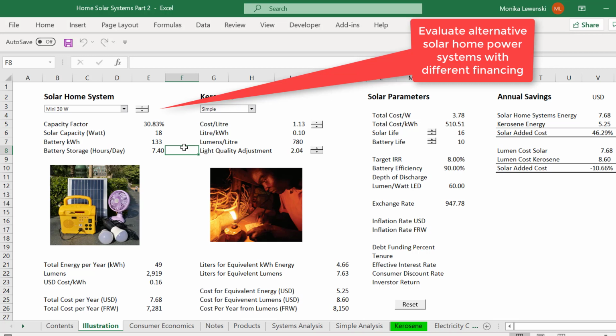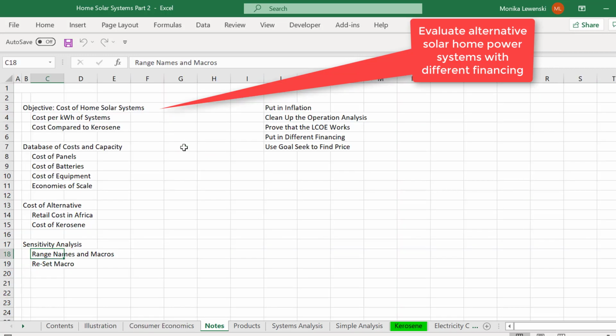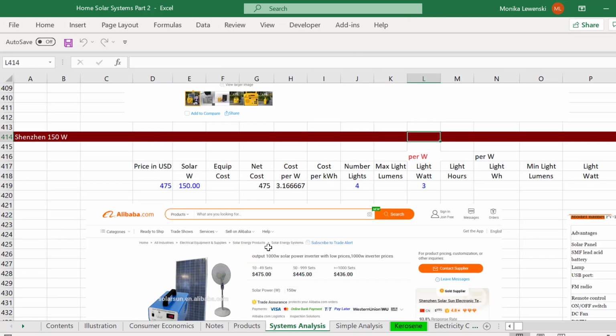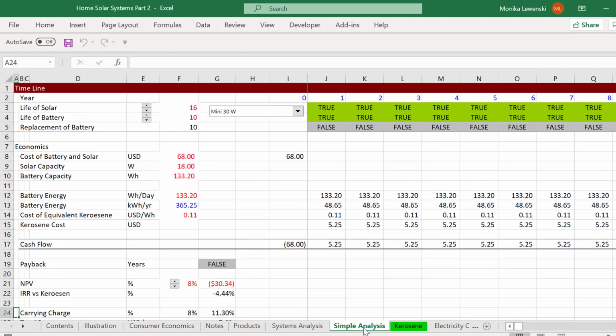I'm going to take our simple analysis down here. I called it a simple, and now I'm going to rename this financial analysis.